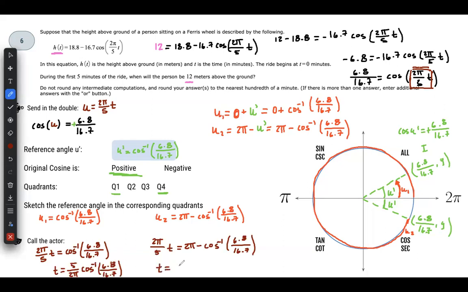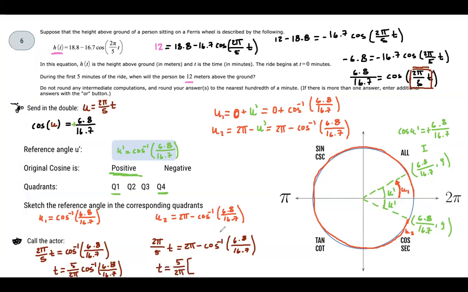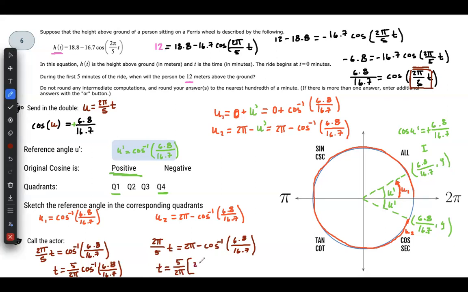And this is going to be t is equal to 5 over 2 pi, and all of that is going to multiply what I have in there: 2 pi minus the inverse cosine of 6.8 over 16.7. And let's leave that to your calculator.